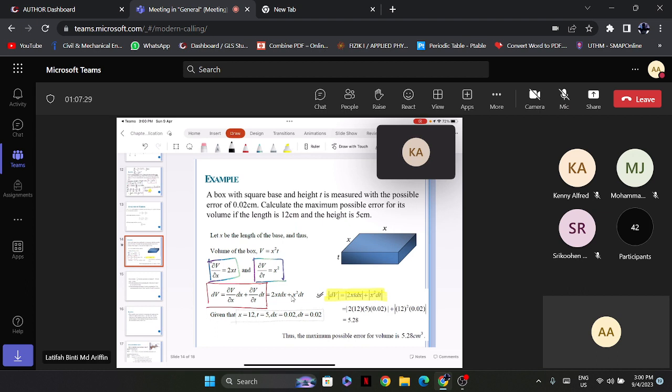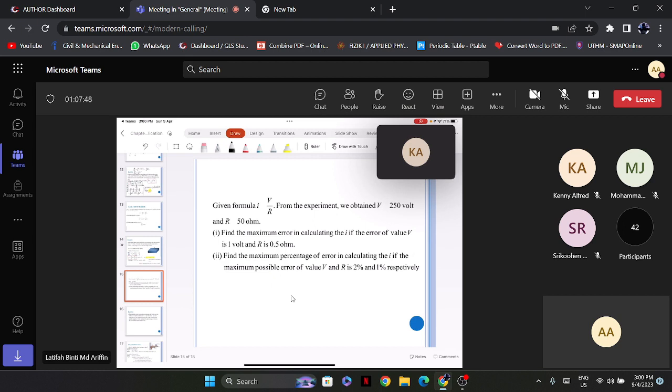So make sure you letakkan tanda modulus sebab sekiranya you dapat any calculation kat sini dapat negatif, means akhirnya jawapan dia akan jadi positif. Jangan tertinggal tanda modulus tadi. Alright, so next.